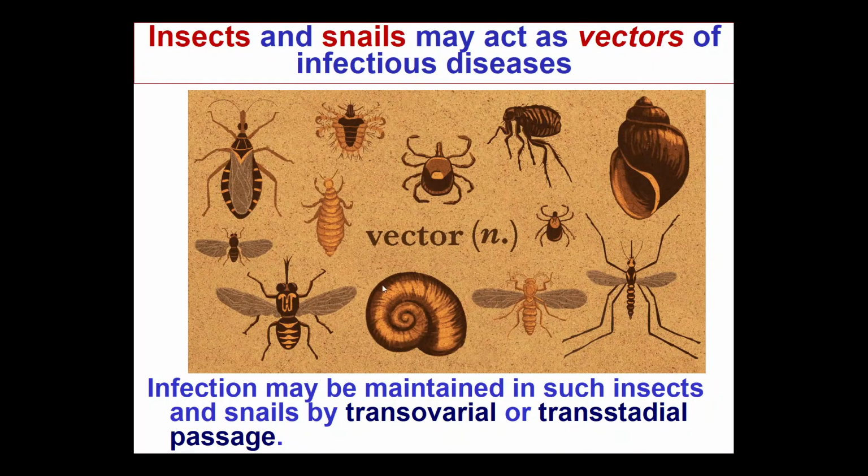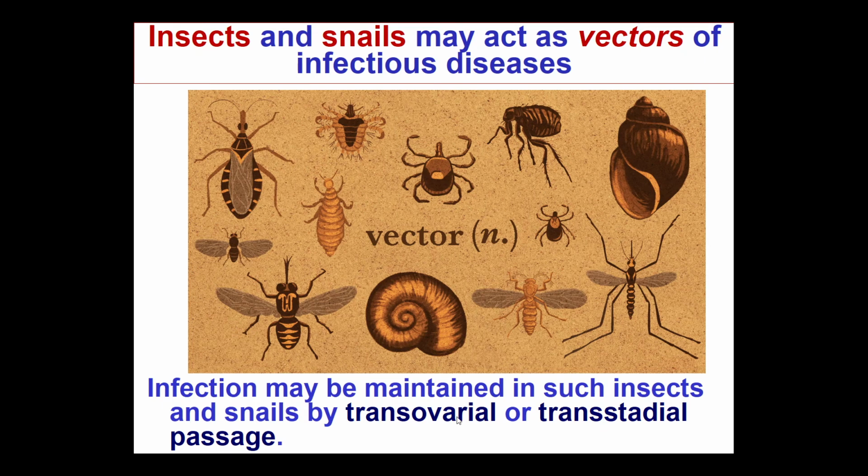In this slide, you see different insects and snails. They act as vectors. Vectors in the infectious diseases: some ticks, flies, for example, lice, snails. Infection may be maintained in such insects and snails by transovarial or transstadial passage.